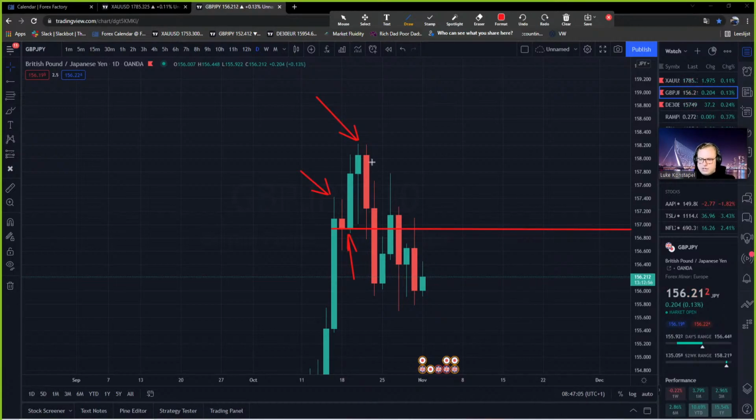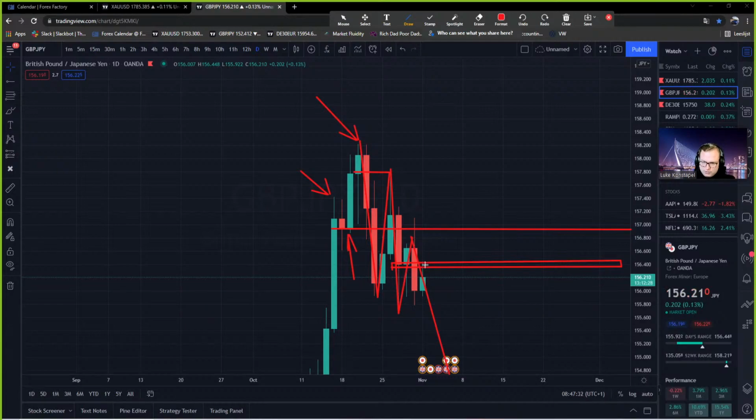What happened is we rejected away from this area, pushed down, made a lower low, pushed back up, retested this area here to the left, continued down, lower low, came back up, retested this area over here, made a new fresh resistance, and price closed below again on the daily time frame, so I'm expecting it to drop further now. As you can see, it very nicely retested this area over here.